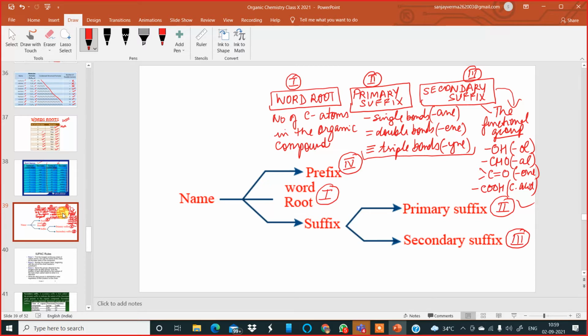After number 3, secondary suffix, we have, before the word root, number 4, which is called prefix. Now the prefix tells us about any other side chain branching by alkyl groups.